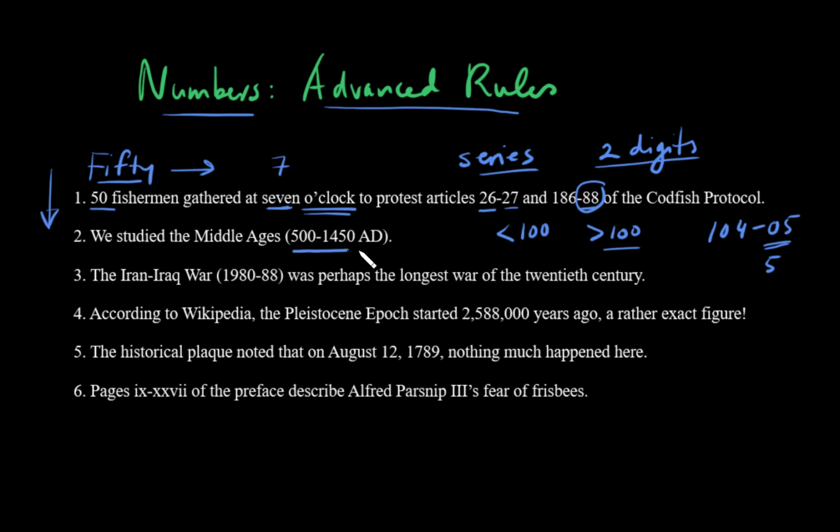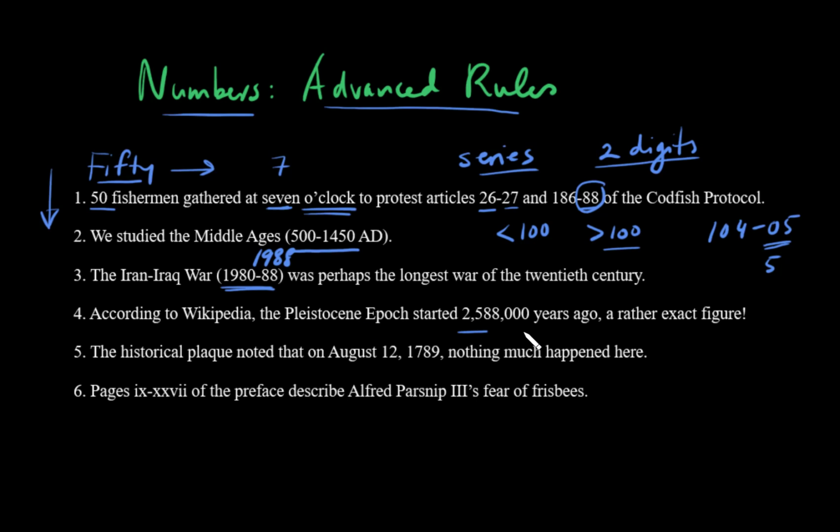So for instance, in this date here, we have 500 to 1450 AD, and we need to give the full second number. With some dates, it can be optional what you give. So for instance, in this example, it would be perfectly fine to give 1988 for the second number here, and write it out fully in numeric form this way. But shortening it to 88 is fine too, as long as it's clear.